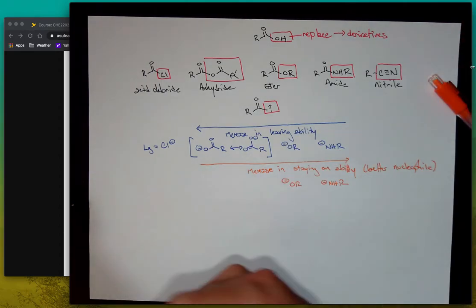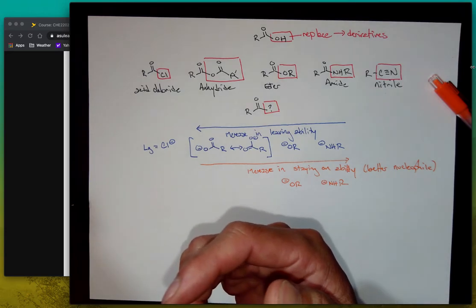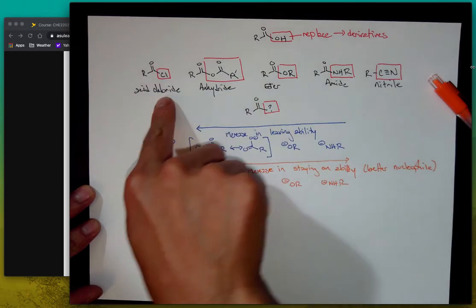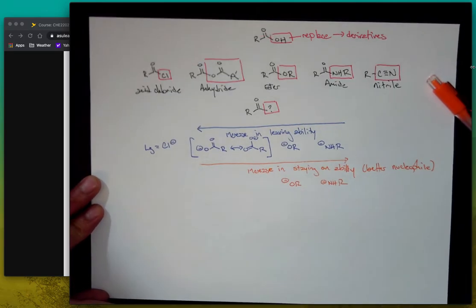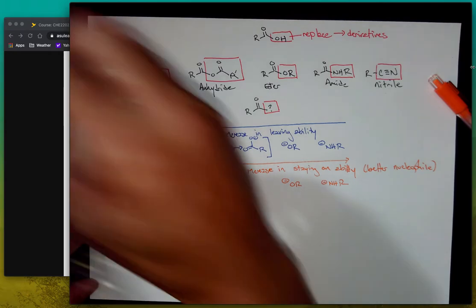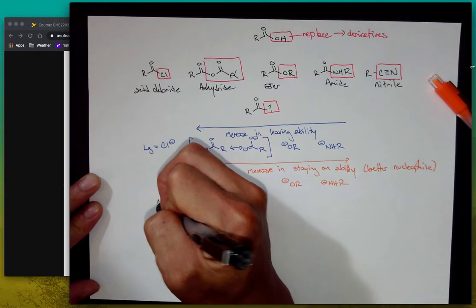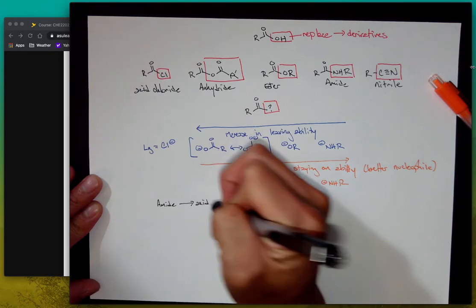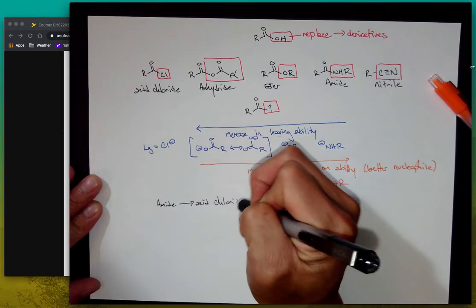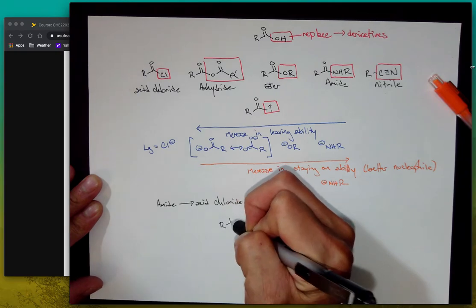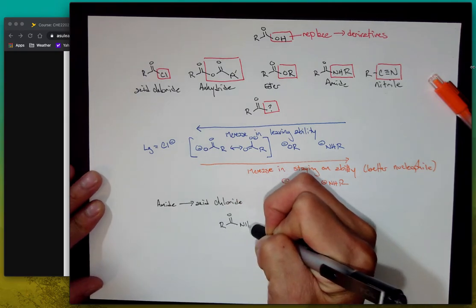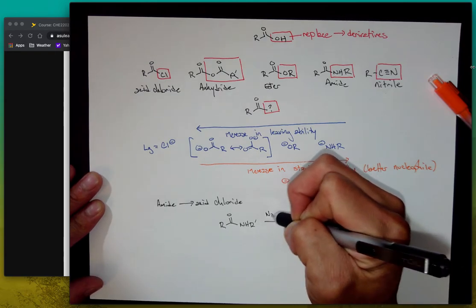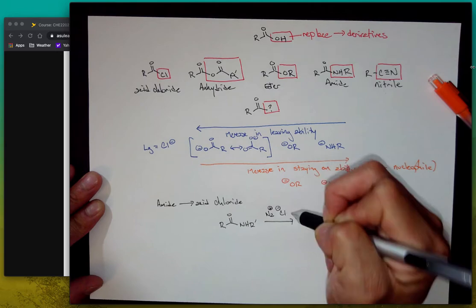Why is that happening? How come you can't convert an amide into an acid chloride? Well, in order to react an amide and convert it into an acid chloride, you would require this amide to react with Cl-.